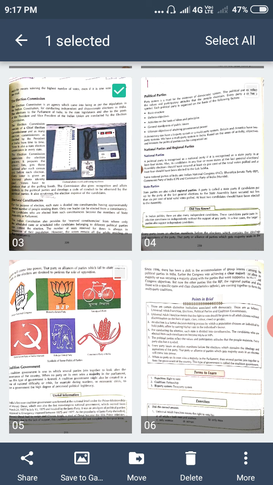For example, one party has got 150 seats and the other party has got 101 or more than 101 seats. They will join together to attain the majority, and they will together form the government. So this type of government is called coalition government.